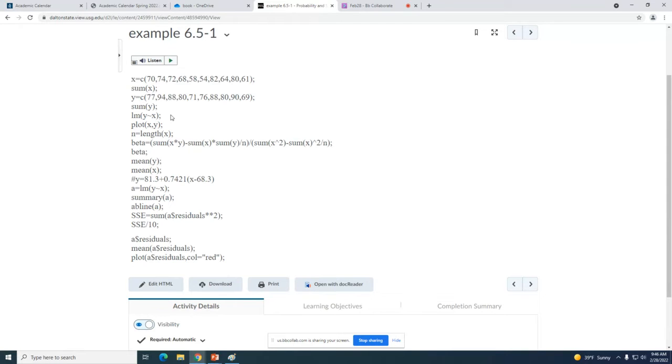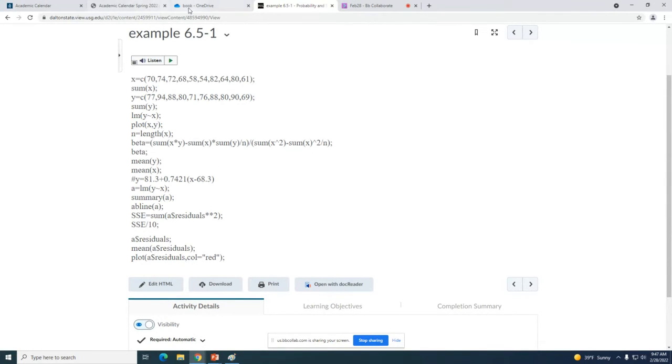Square the residual and add it all together. That's called the sum of squares of the error. SSE divided by 10 is what we wanted in the question. That's the sigma squared. This is just an example showing you how to calculate the error term ourselves with R.